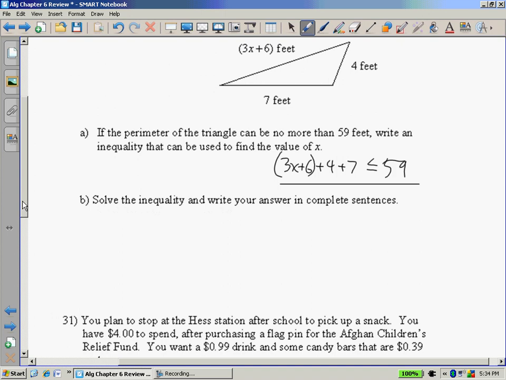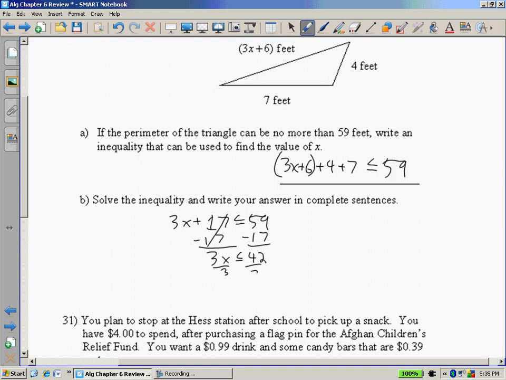Now it asks me to simply solve the inequality. Write the answer in complete sentences. So 6 plus 4 is 10, plus 7 is 17. And now I'm going to subtract 17 from both sides. 3x is less than or equal to 42.